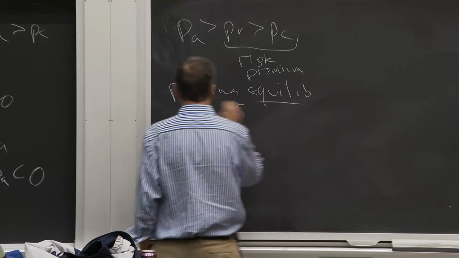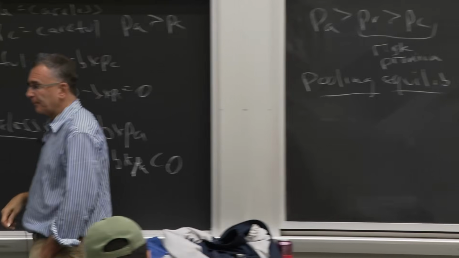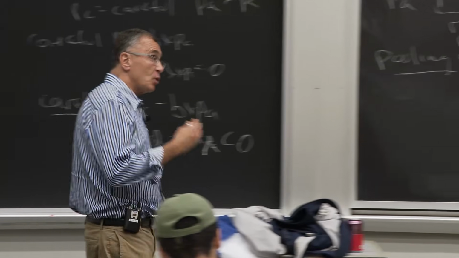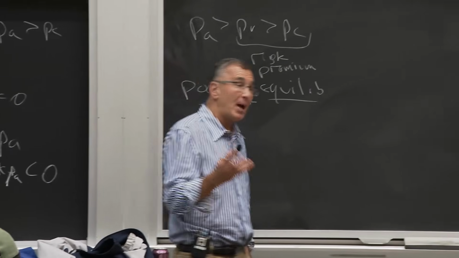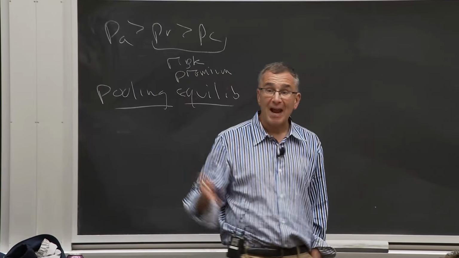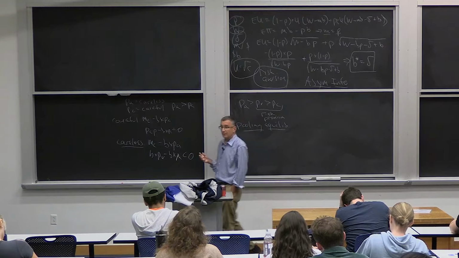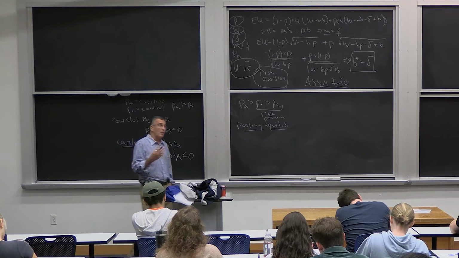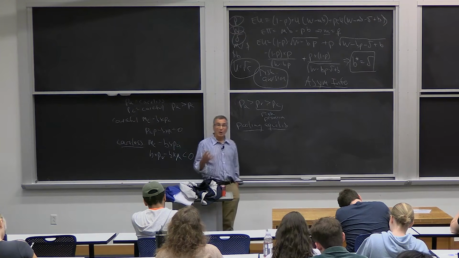A pooling equilibrium is an equilibrium where everyone does buy. Even though you can't have full information, as long as everyone buys, you're all in one big pool, so the average premium gets it right. But if you don't have that pooling equilibrium, the market will fail.